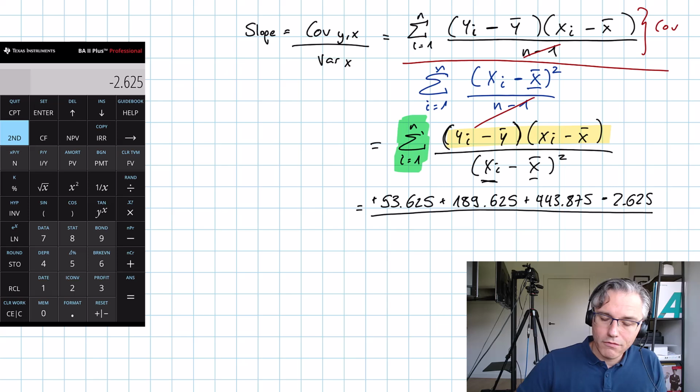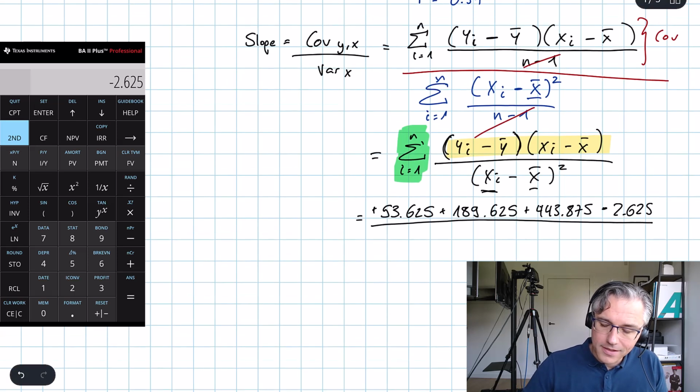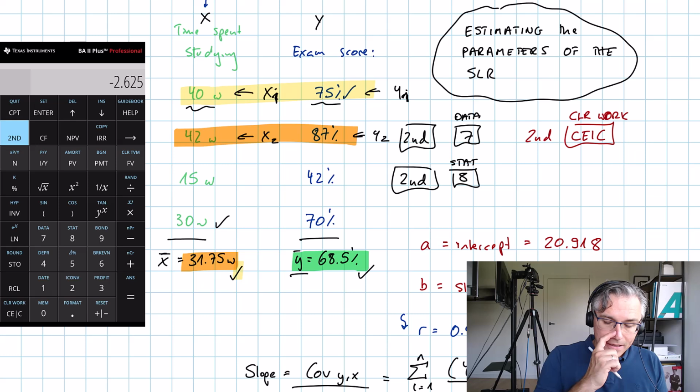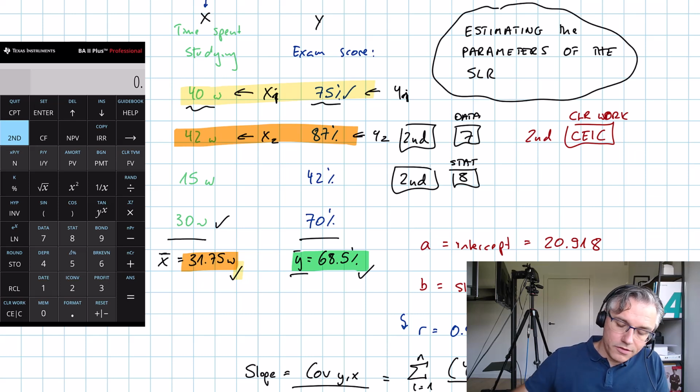So I kind of have to go and repeat the same thing just for the x's and square. Let's see, well, I could cheat and use what your calculator tells me from the stat worksheet, but I'm going to do it nevertheless. I'm just going to now focus on the column labeled x. So 40 minus 31.75 equals, square that. Okay, I'm not going to write the result down because I'll just do this in one go.